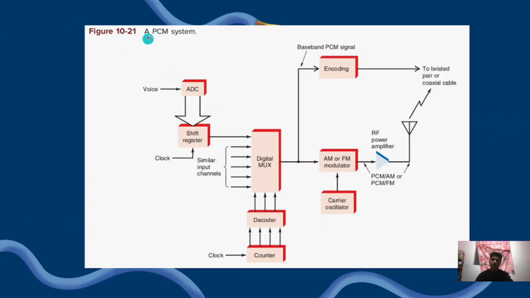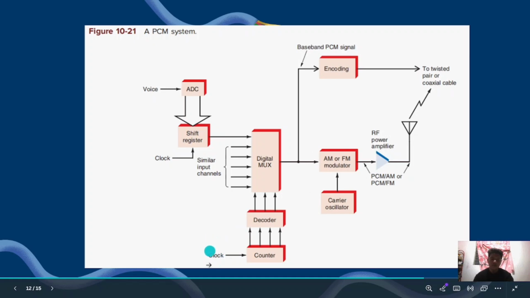So we have a diagram of the PCM system. First is voice to ADC to shift register. So we have a clock to shift register. For the second, we have a counter, clock to counter, up to decoder.